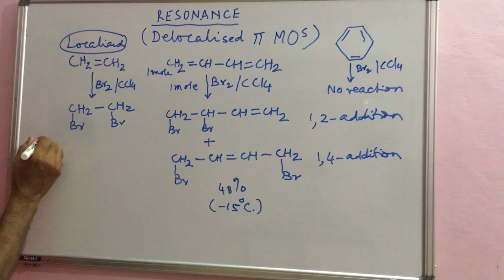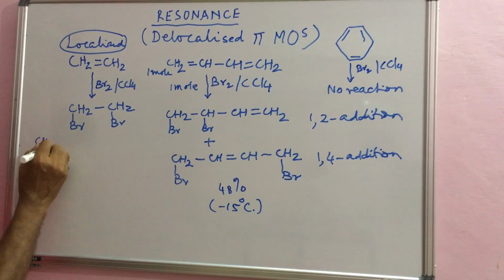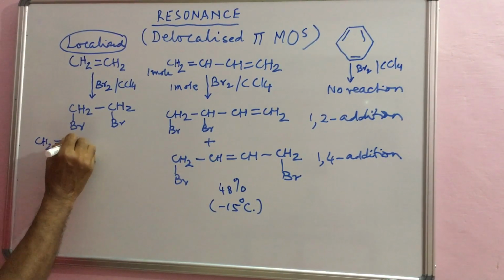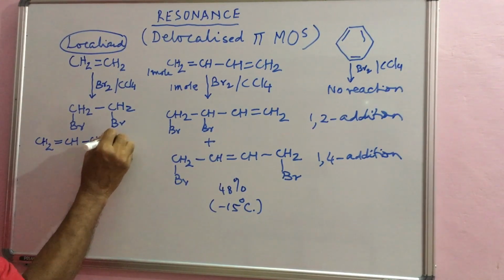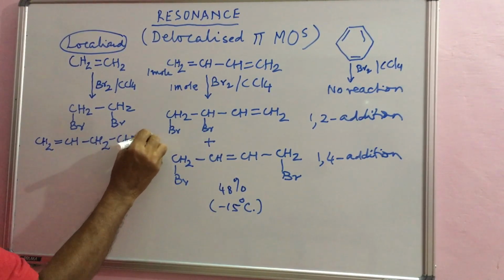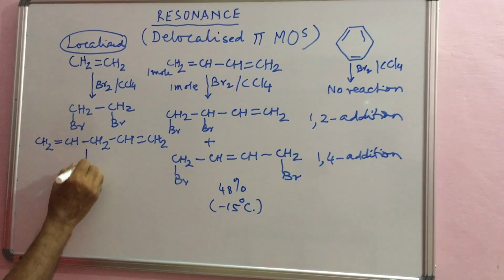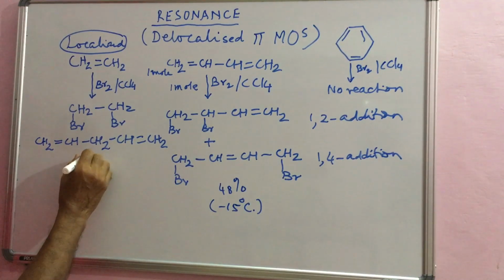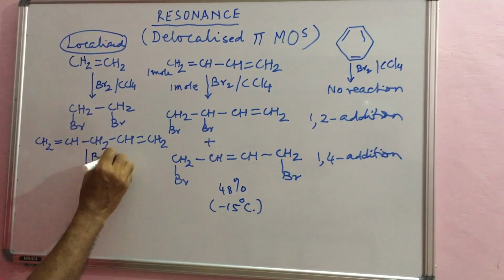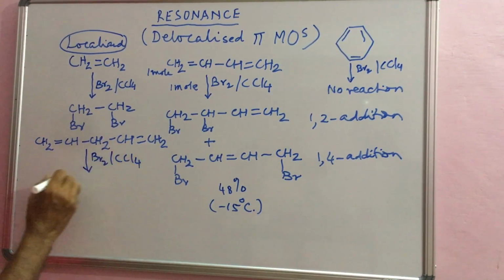If you take the case of pentadiene, here if you treat this with bromine, you get the expected addition product.